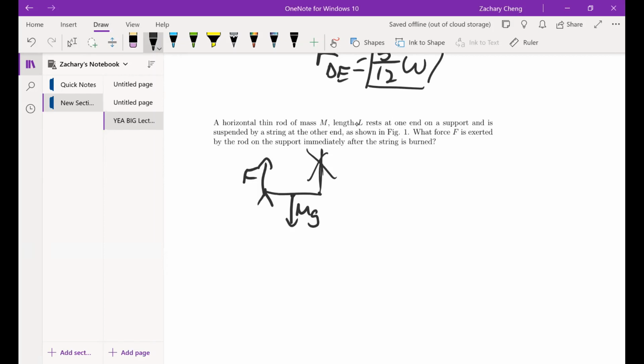And this is pretty intuitive. If you try to imagine this, it's pretty clear that the moment the string stops supporting the rod, it'll start moving. There's an acceleration on the center of mass, but this end supported by the support doesn't move, and its acceleration is 0.